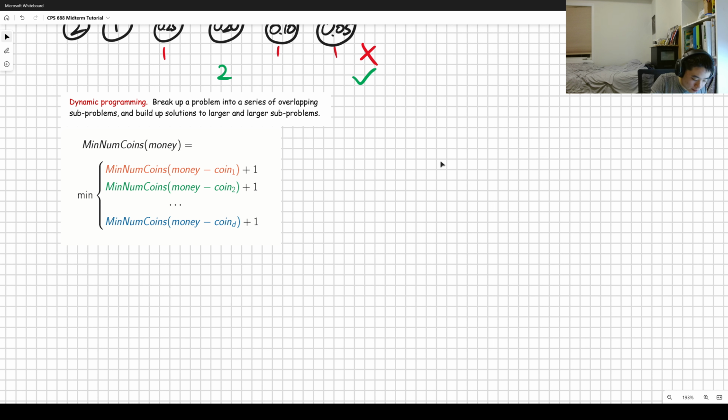How about this? Let me take a look. I will write down the total. I want it to be 40 cents.